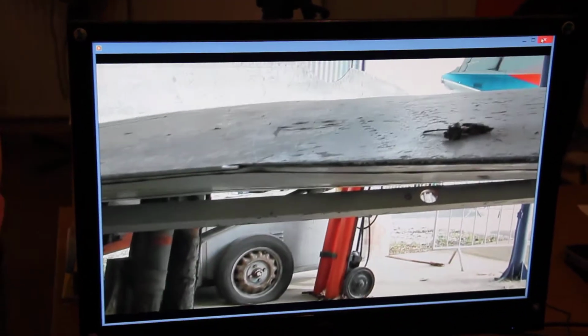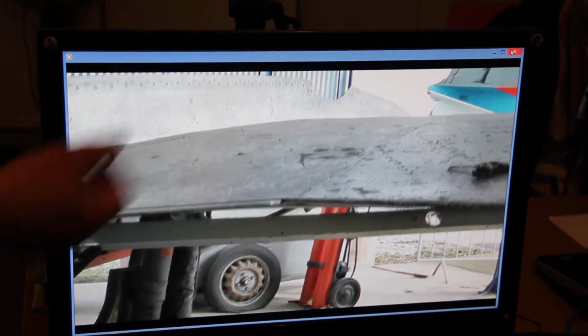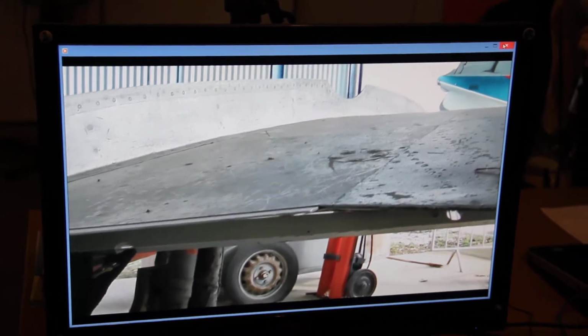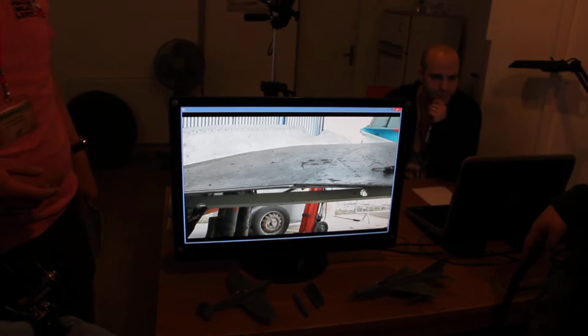So you can see, for example, Stanley's study of the MiG-15 wing, because we have some dark points. We always have some dark point on the aircraft.